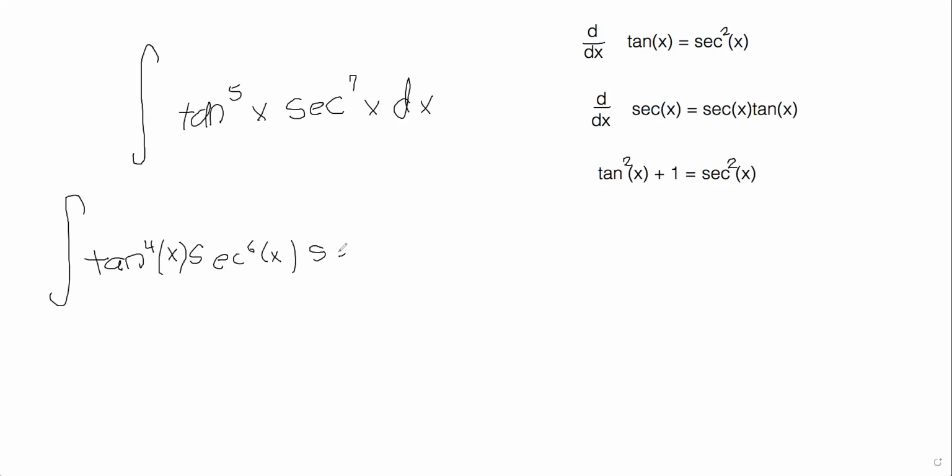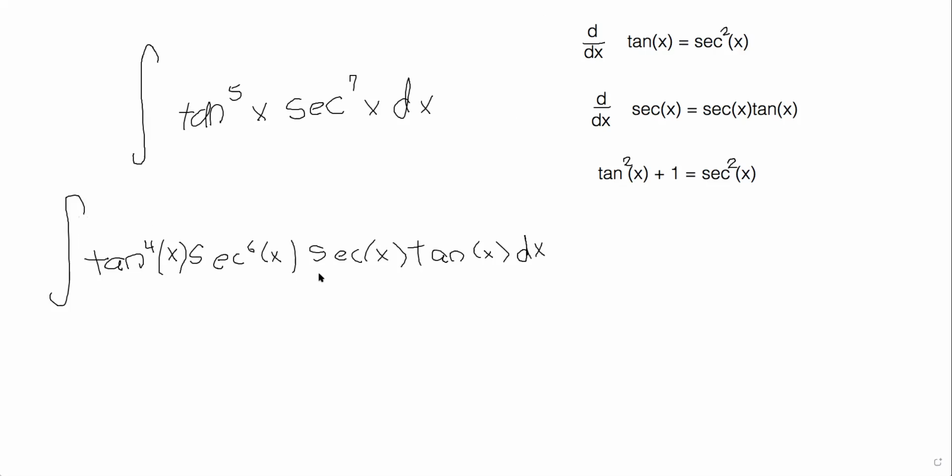Then we're going to have a secant of x times a tangent of x. Then u would be just secant of x, and du would be tan x secant x dx. In a perfect world, yes, but we still have this tangent to the 4th power to worry about.